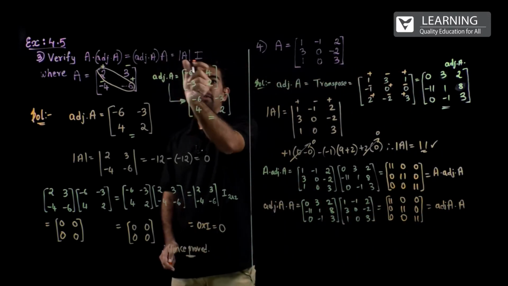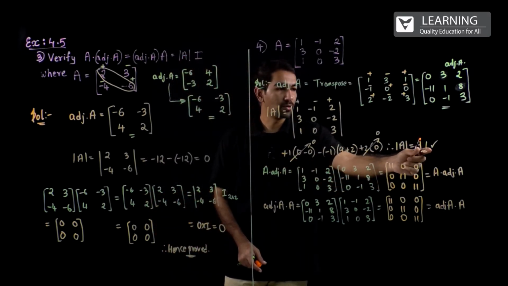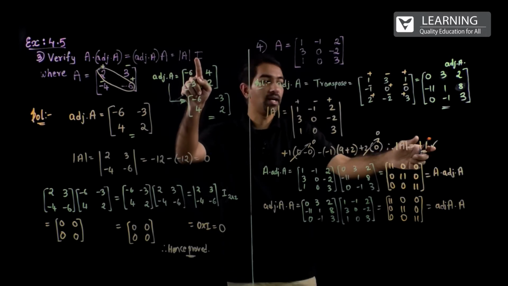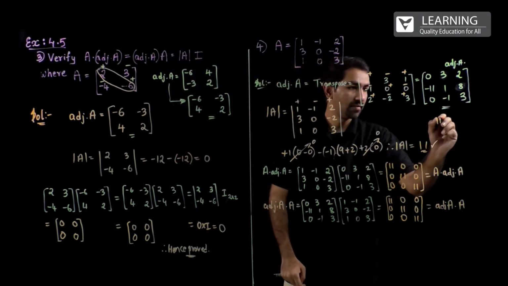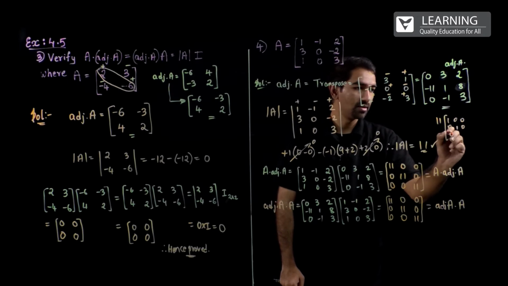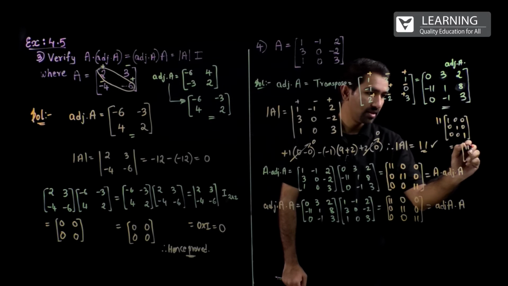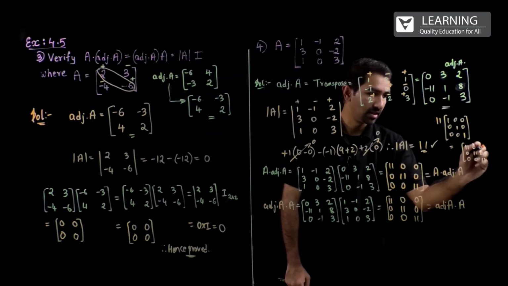This is also done. So determinant of A we already found out. What is determinant of A? Determinant of A is equal to 11. 11 into I, that will give us 11 into 1 0 0, 0 1 0, 0 0 1, which is equal to 11 0 0, 0 11 0, 0 0 11.